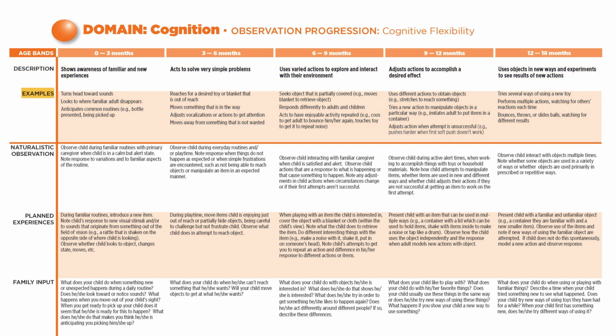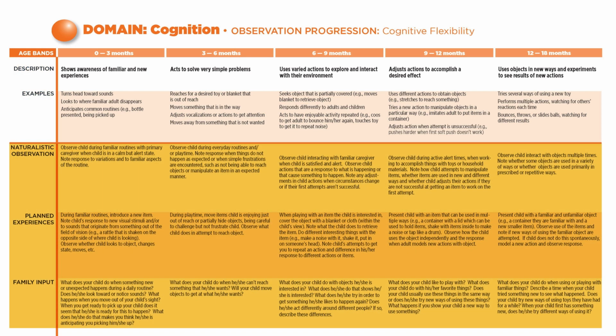These examples are included to help clarify observable behaviors or skills that align to the general description. These don't include all of the possible examples, but help to provide a better sense of the skills associated with the age band. Together, the description and examples tell us what we are looking for.